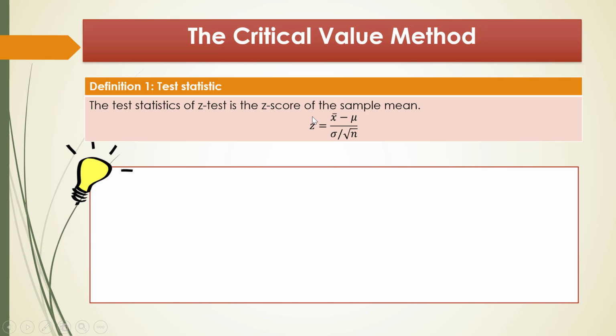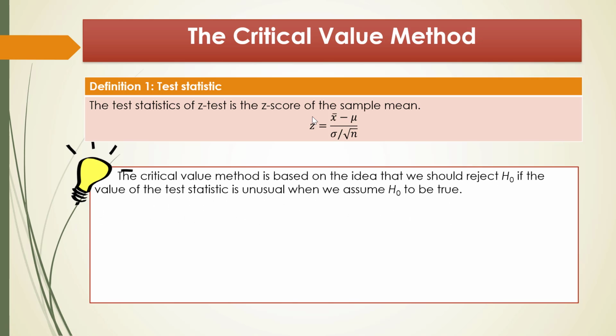And the critical value method, the idea is we should reject the null hypothesis if the value of the test statistic is unusual when we assume that H naught is true. So whenever we do hypothesis testing, we basically assume that the null hypothesis is true, and we will go and find the evidence against the null hypothesis.